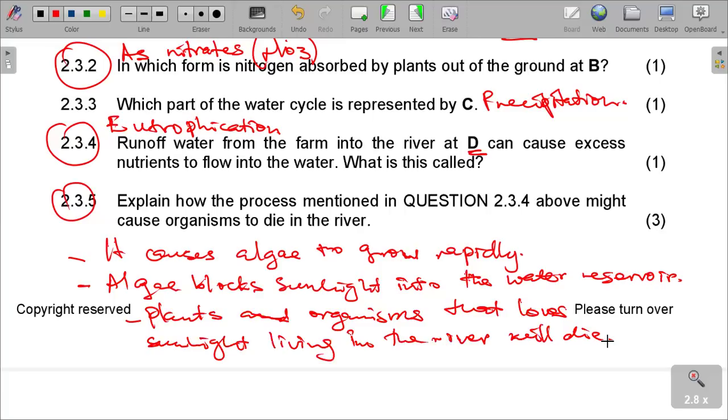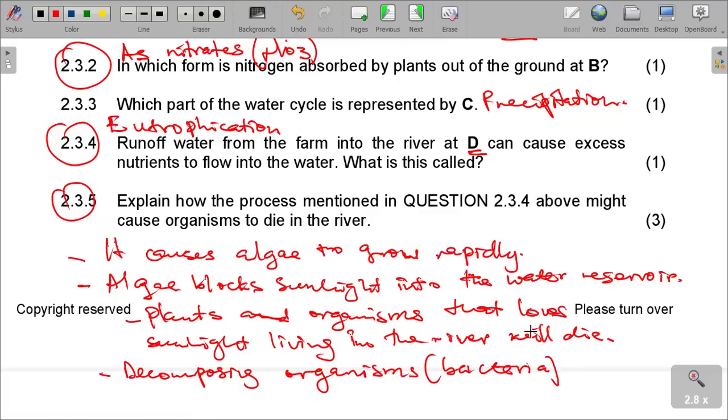And then you know as well that as these die, we can have decomposing bacteria remove the oxygen from the water, causing other organisms to die too.